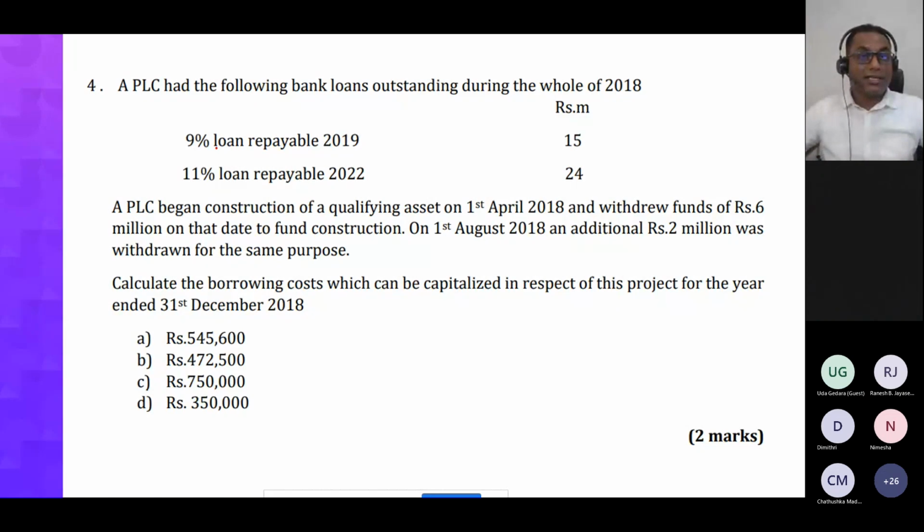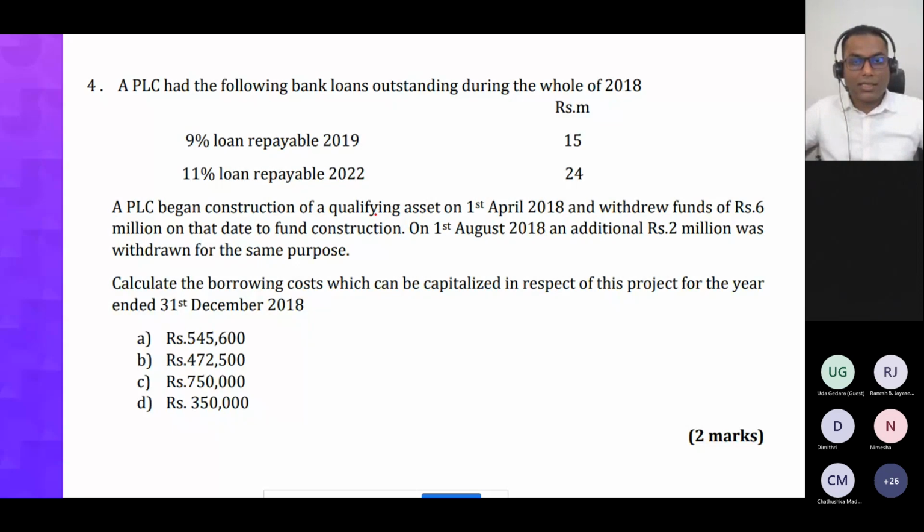What it says, APLC had the following bank loans outstanding during the whole of 2018. 9% loan payable in 2019, 15 million. 11% loan payable in 2022, 24 million. You have a couple of bank loans outstanding at different rates.